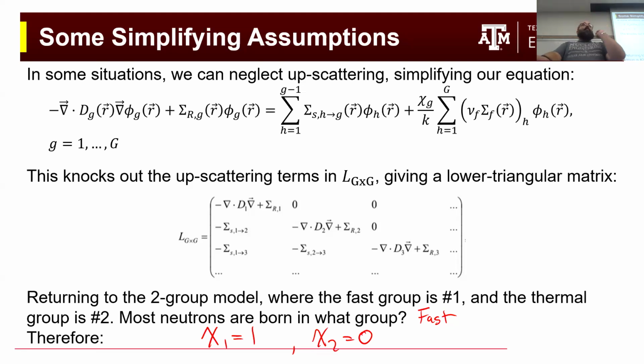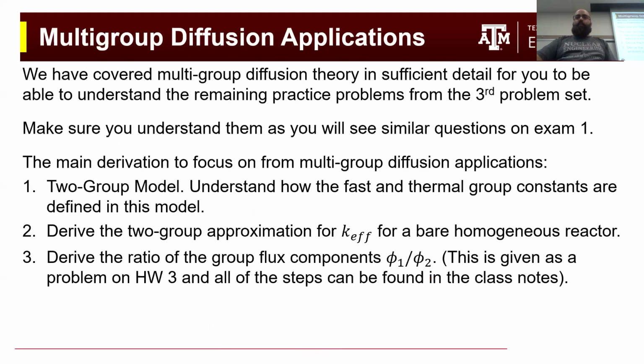And you could do the same thing with a one-group model. You could just take this equation and assume one group, and that gets you right back to one-group diffusion theory, where every cross section or material property is averaged over the entire energy range. So this all feeds together.